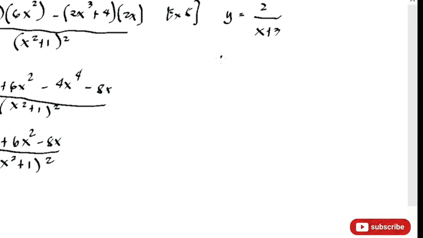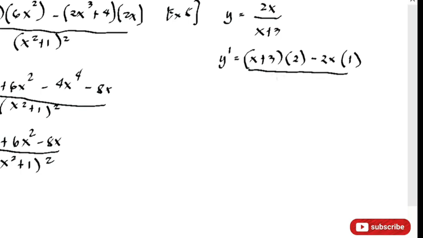We have y prime equal to the lower, x plus 3, times the derivative of the upper, which is 2, minus the upper, which is 2x, times the derivative of the lower, which is 1, all over x plus 3, the quantity squared. The plus is not differentiated into anything.